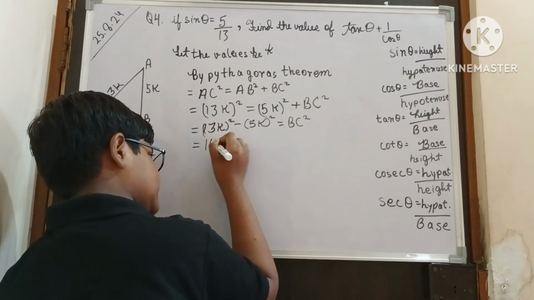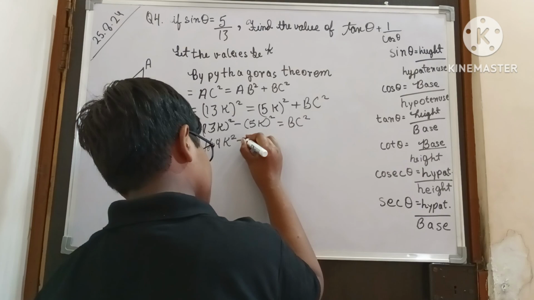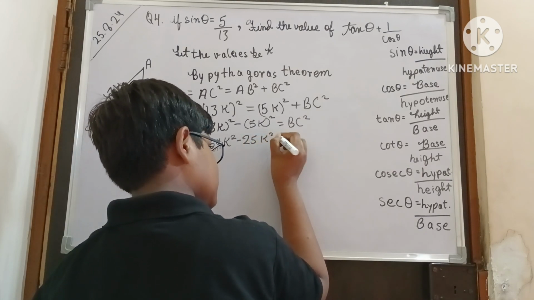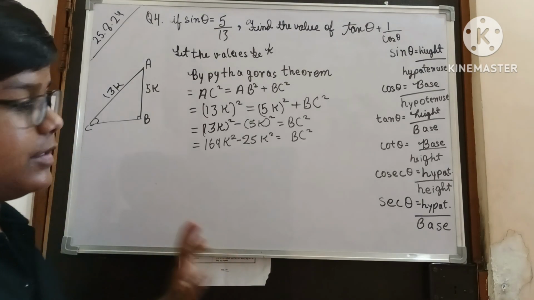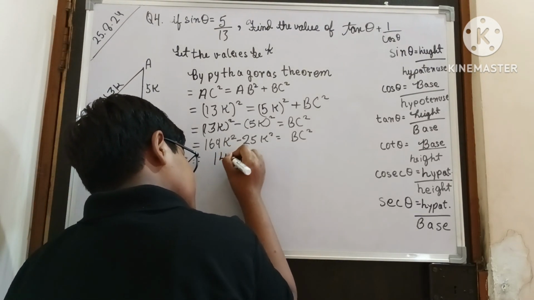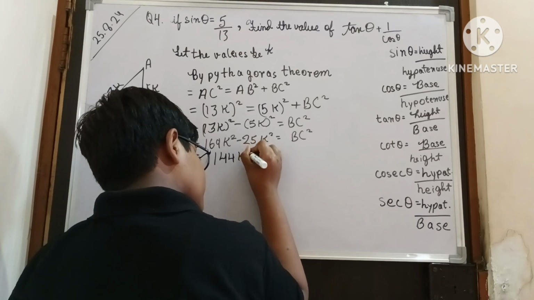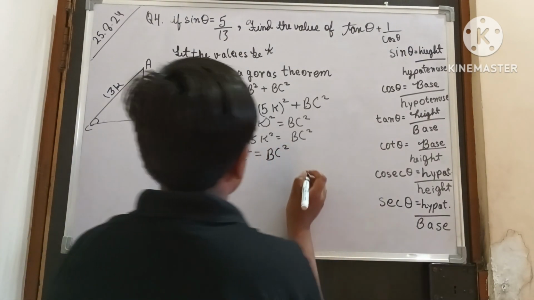13 square is 169k square minus 5 square is 25k square, which will give the value of BC square. Now it will become 144k square after subtracting, and BC square.